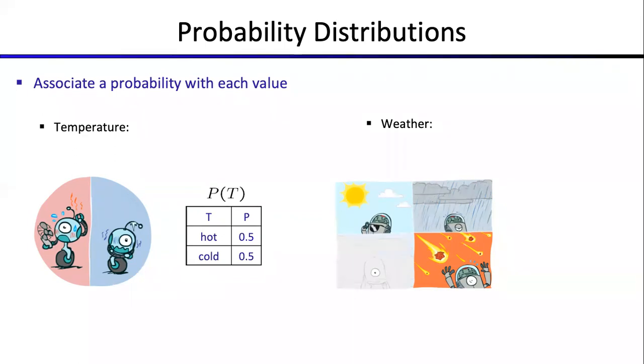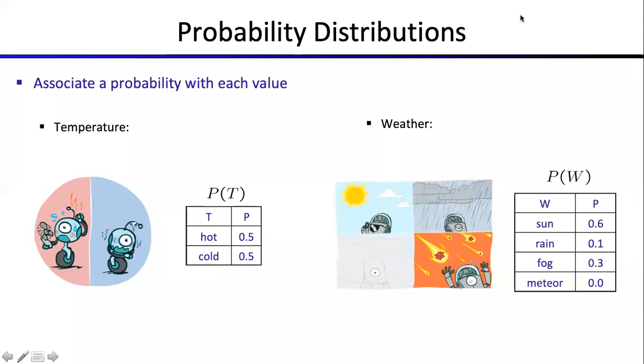Similarly, weather. If there are four possible conditions of weather, then those four different conditions could have different probability values based on some sort of observation. So is the weather sunny or not?